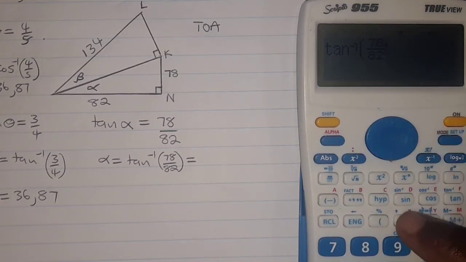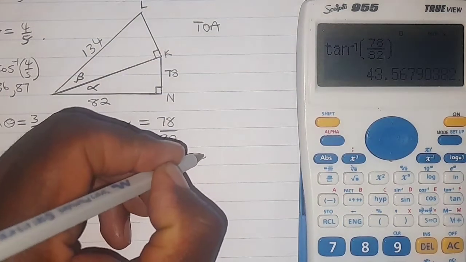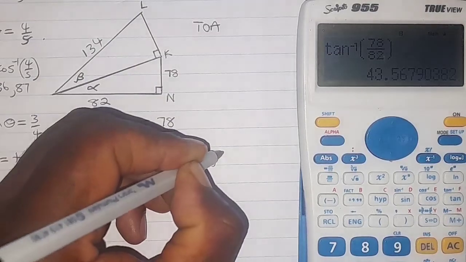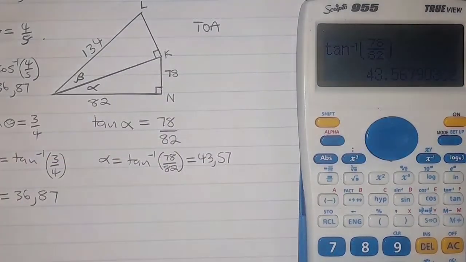The bracket should cover both of these. That's equal to 43.57 units to the nearest two decimal places, that is alpha.